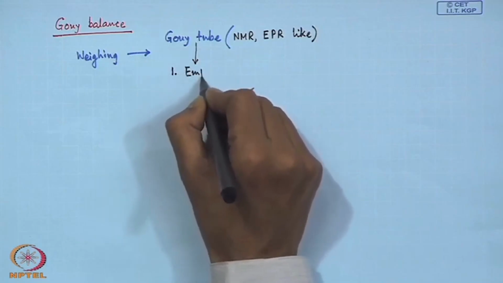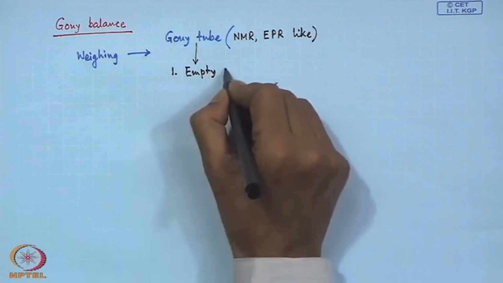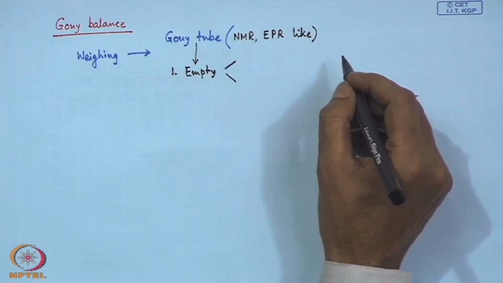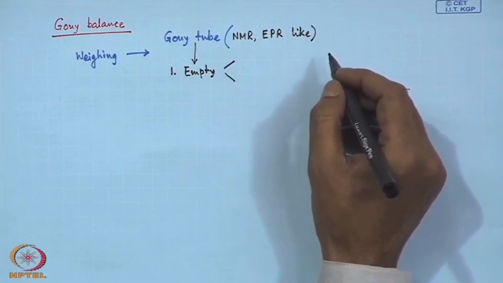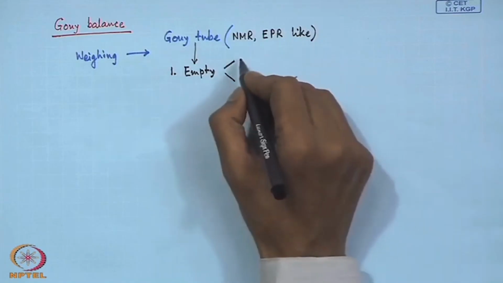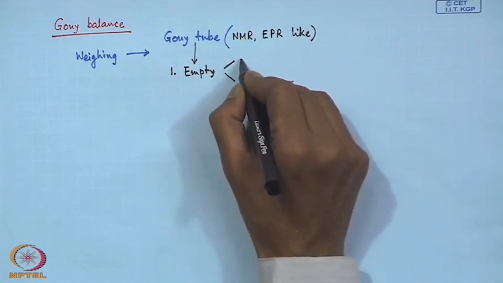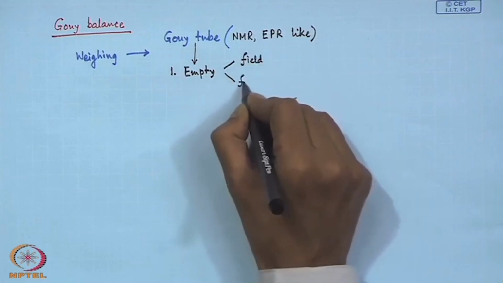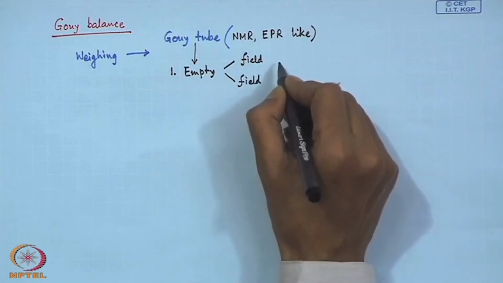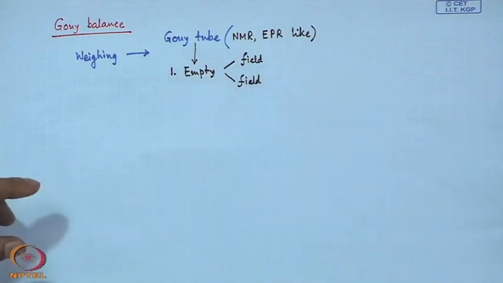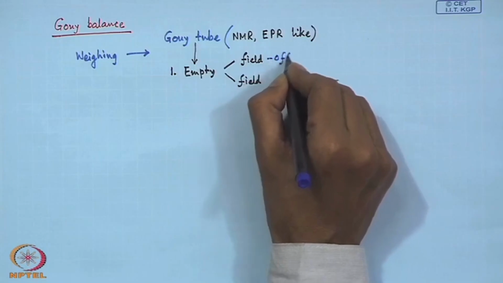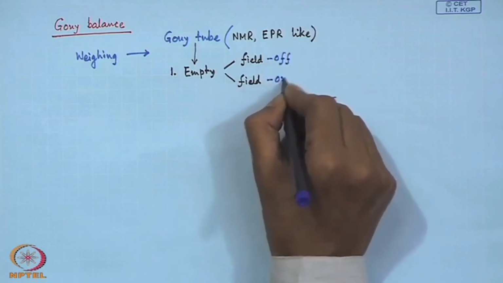So, for the empty Gouy tube we take two weights. It is basically a very sensitive balance, and we take the weight in presence of the magnetic field and in absence of the magnetic field. So, when the field is on and the field is off, we have the empty tube in the field off situation and the field on situation.